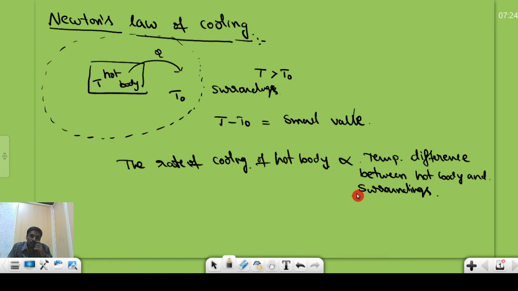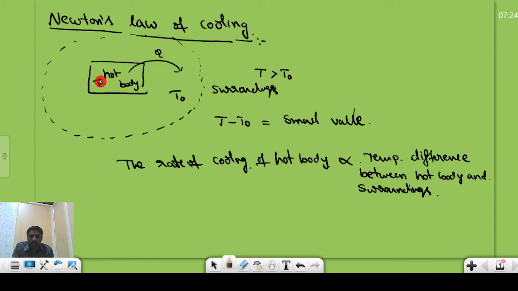That means the drop in the temperature of the hot body, as the temperature is decreasing, is directly proportional to the temperature difference between the hot body and surroundings.